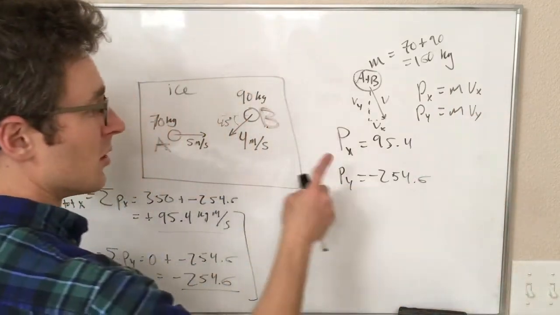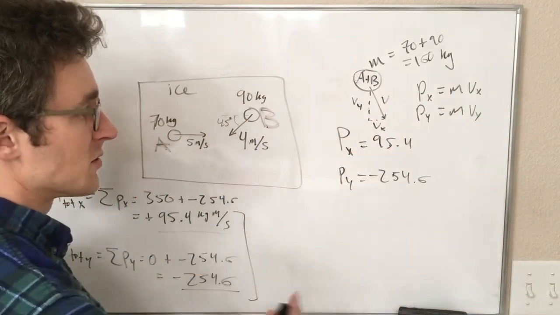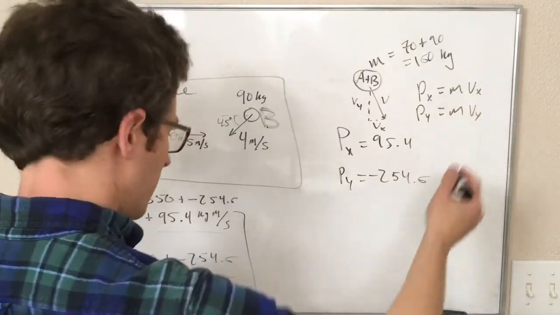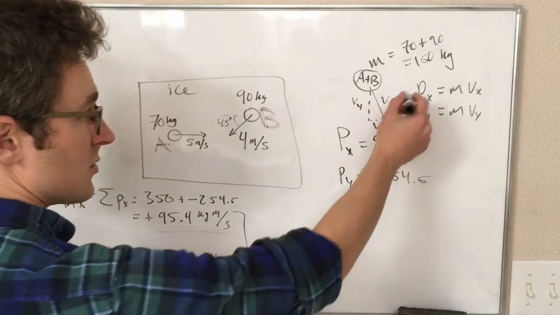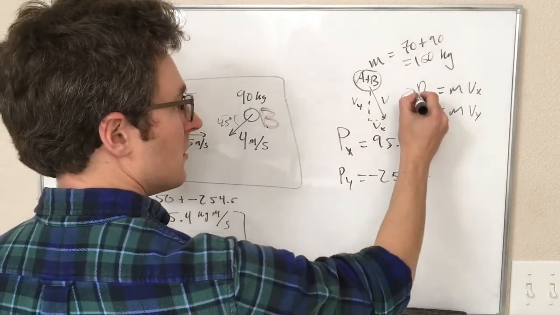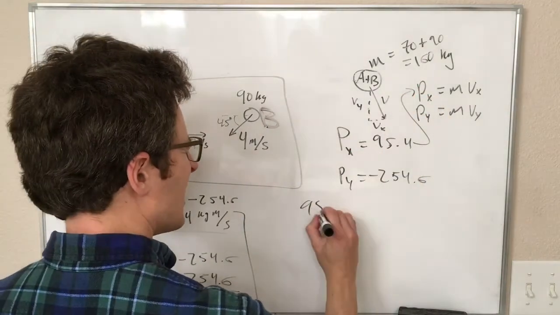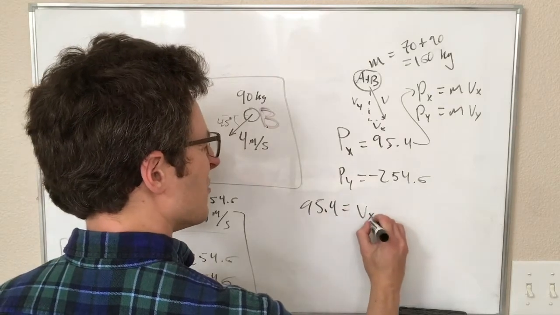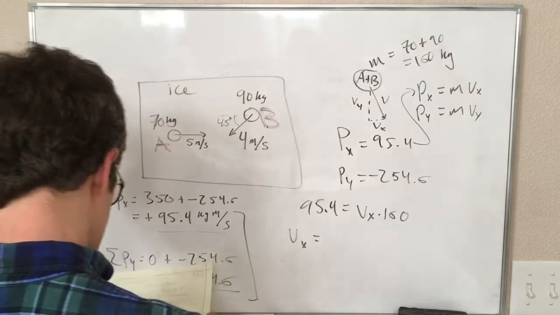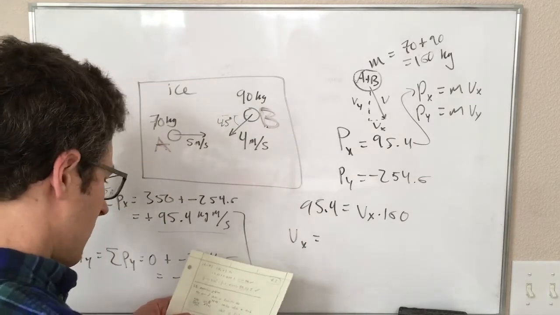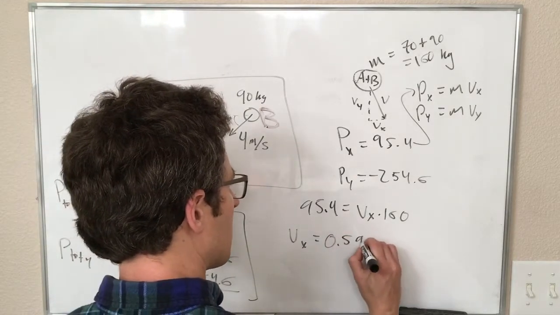Because momentum is conserved, these values have to equal these values. So to solve for the velocities, we just have to divide these numbers by 160. So 95.4 is equal to Vx times 160, so Vx is equal to 0.596 meters per second.